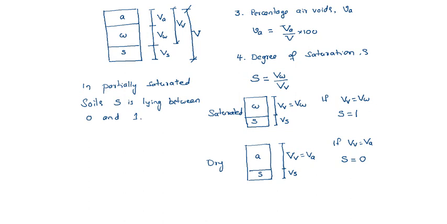And one more parameter is there, the fifth parameter, air content, AC. Air content is volume of air divided by volume of voids. Now there is a relation between air content and degree of saturation.